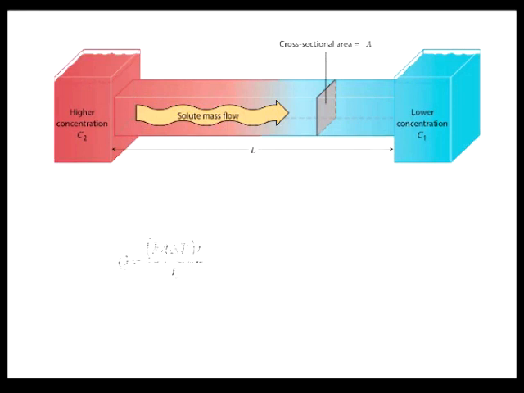By analogy with the heat flow equation, it is possible to write an equation for diffusion. First, we replace Q by the mass m of solute that is diffusing through the channel. Next, replace K with the diffusion constant D. Finally, replace delta T by the difference in concentrations delta C equals C2 minus C1.